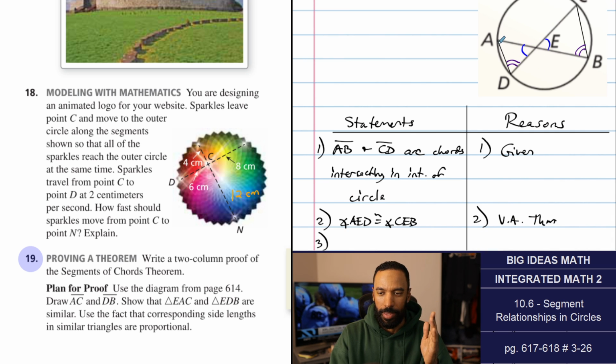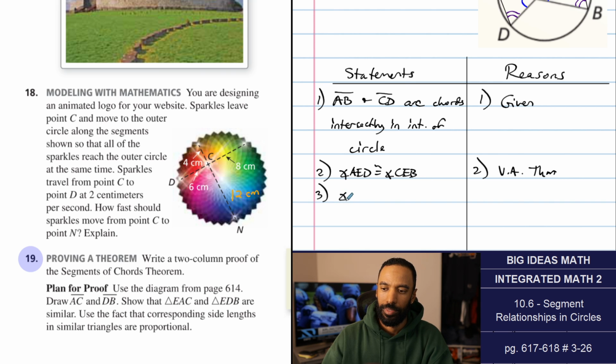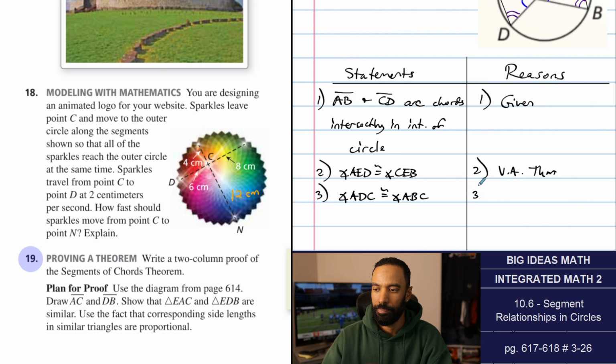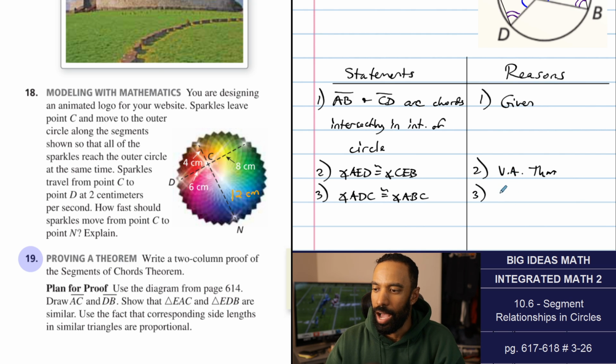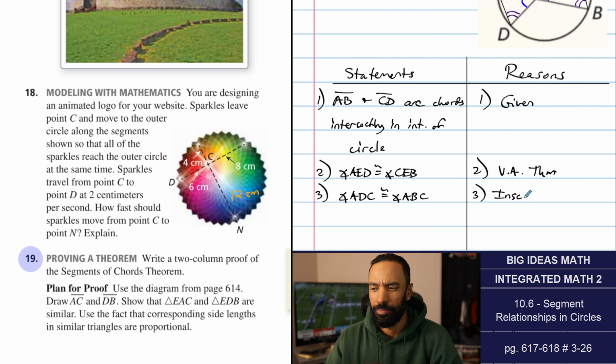I'll call them their inscribed angles, ADC and ABC. So angle ADC is congruent to angle ABC. That way you're calling them by their inscribed angles, even though we're doing the triangles. Inscribed angles of a circle theorem. That might be the name.